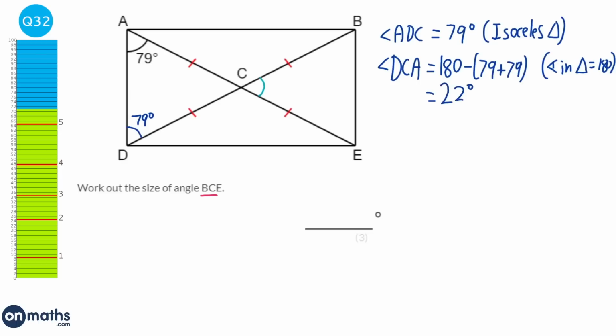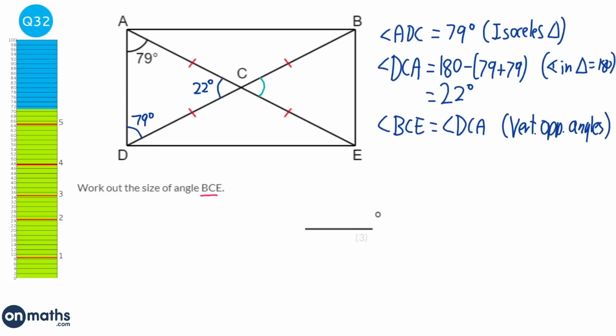So we know that this is going to be 22 degrees. And now we can actually work out angle BCE, because it's going to equal angle DCA. And the reason for that is they are vertically opposite angles. So that's just going to equal 22 degrees.